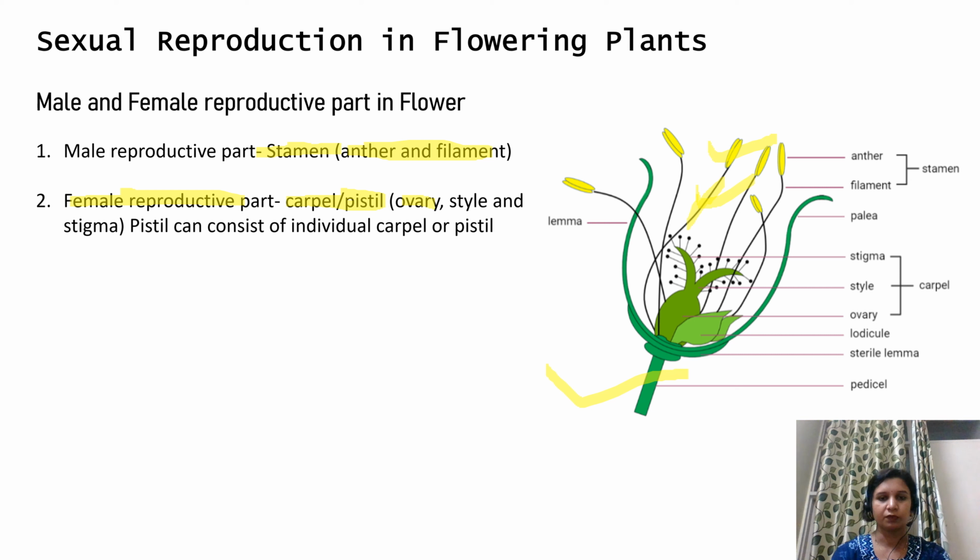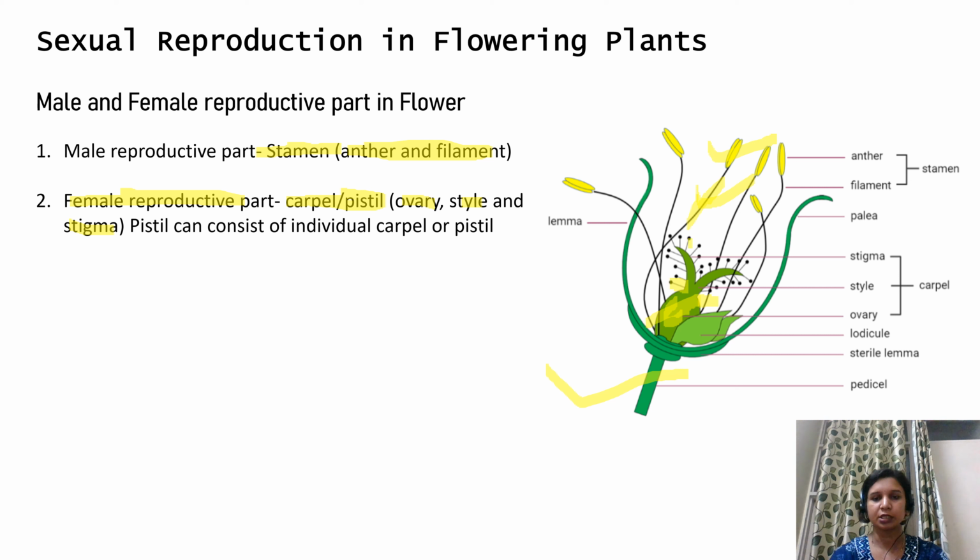It consists of the ovary, style, and stigma. This globular structure is the ovary, as you can see here. This long tubular structure is called the style.